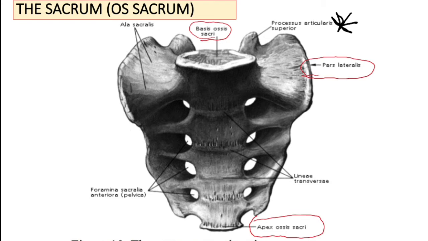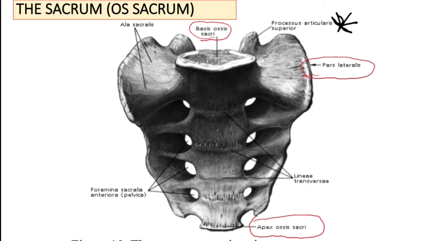So it articulates with the fifth lumbar vertebra. I didn't tell you how many lumbar vertebrae you have. There are 5. So one more time: 7 cervical, 12 thoracic, 5 lumbar, 5 sacral.